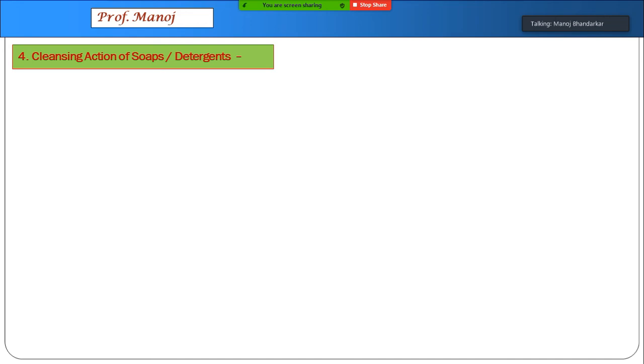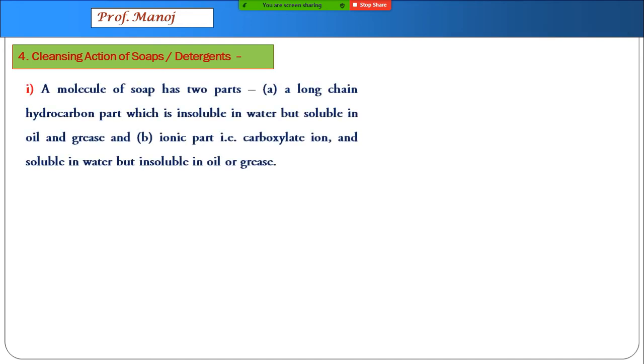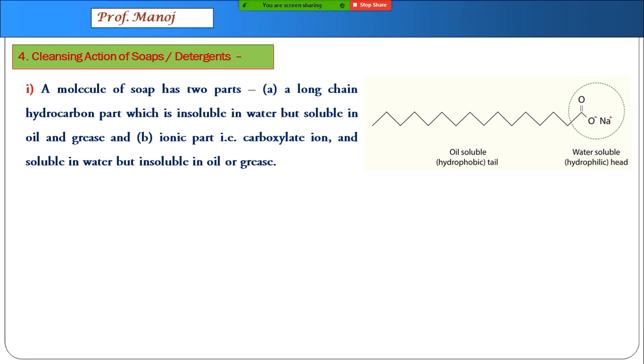We will now take the last point here: how soaps or detergents can clean a surface, or how they can remove dirt. Any molecule of soap or detergent will have two parts. One, a long chain hydrocarbon part, which is going to be water insoluble. Whatever is water insoluble is soluble in oil or grease. Second part is the ionic part, which is the carboxylate ion.